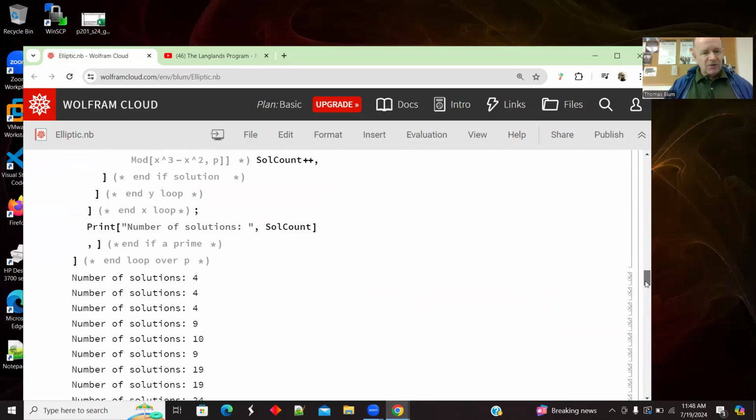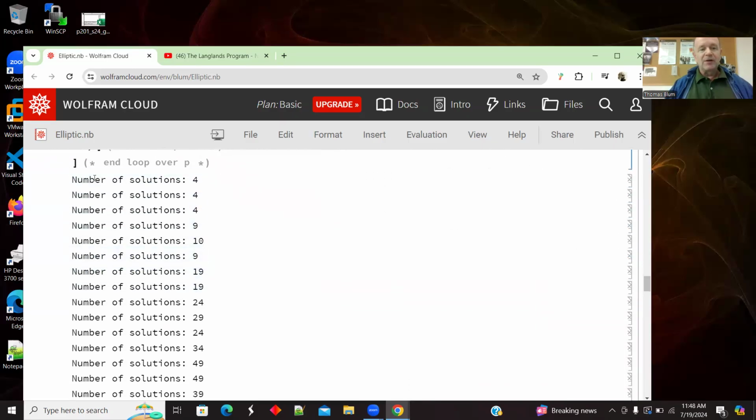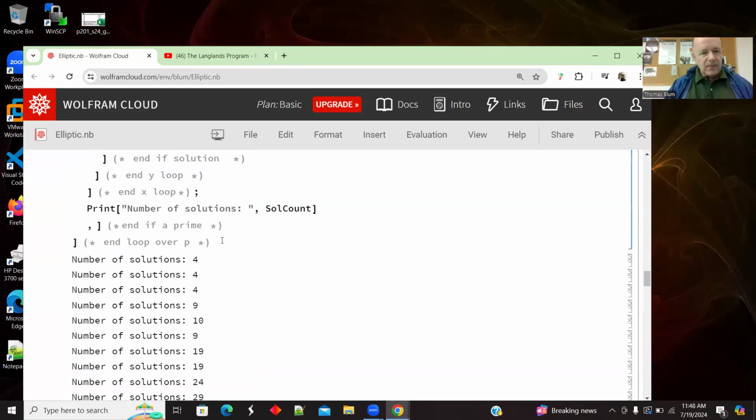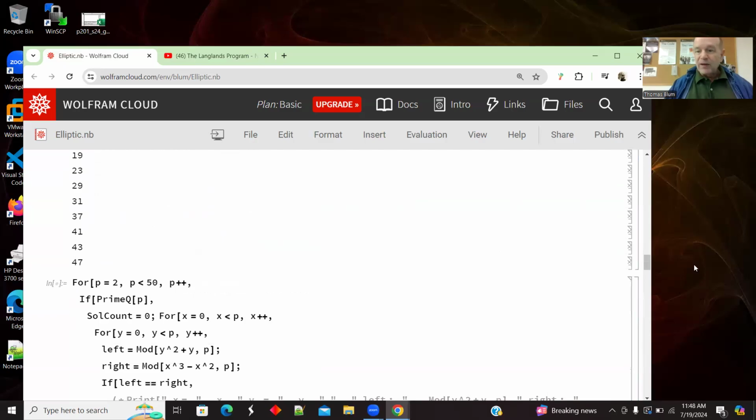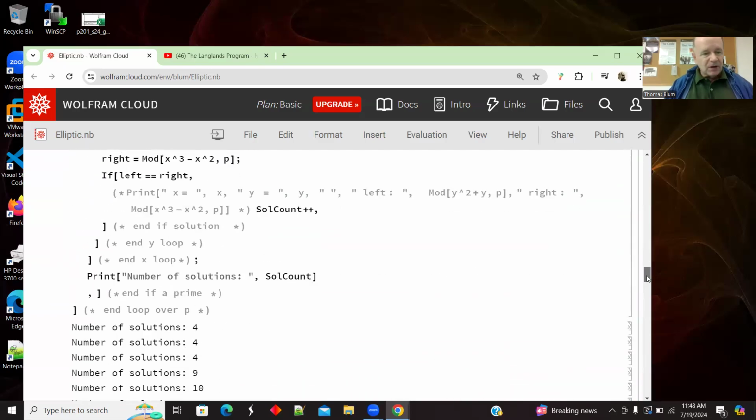I'm printing that out, and so I'm just showing here the number of solutions for, I'm going to improve on this, but this was for p equals 2, for p equals 3, for p equals 5, for 7. And this is this parenthesis, I lost it.